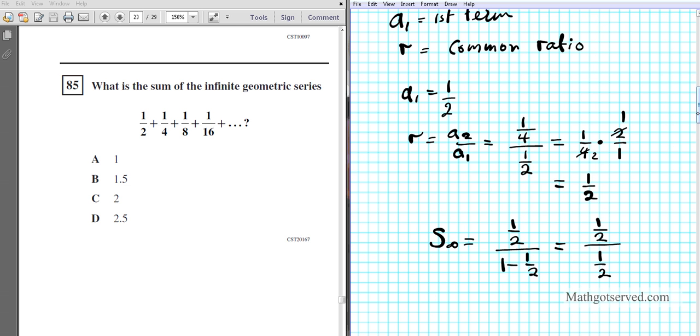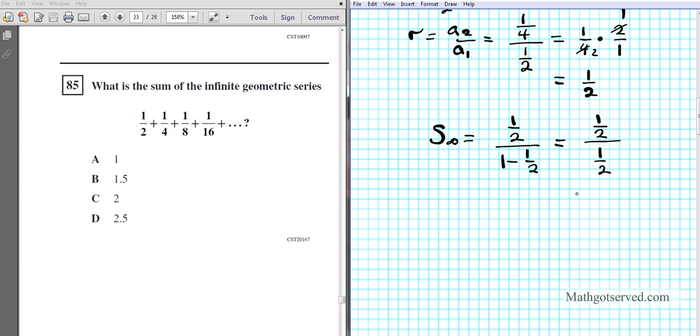We have the same situation again. When you have a fraction in the denominator, just multiply the numerator by the reciprocal of the denominator. So 1/2 times 2 over 1, multiply across, you get 2 over 2, or you can reduce, but you always get 1. So our answer to number 85 is option A.